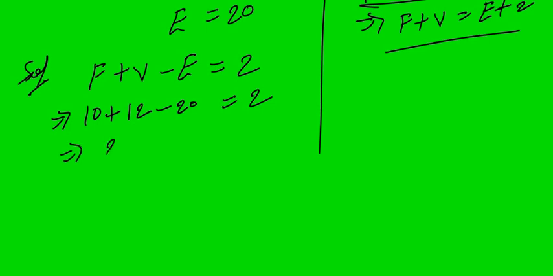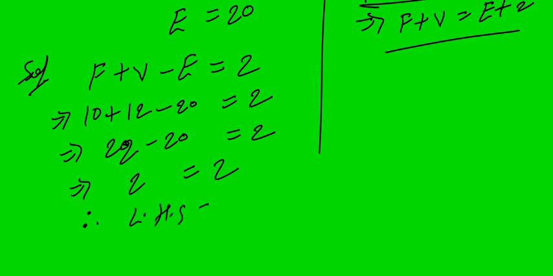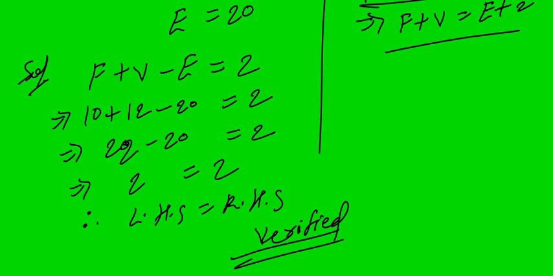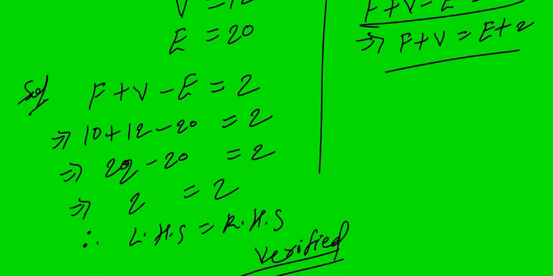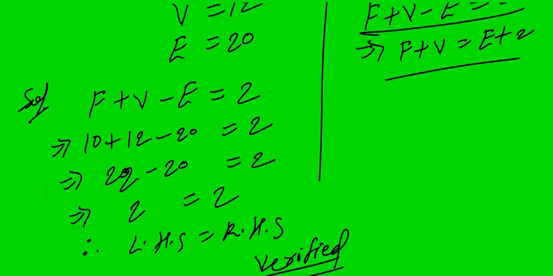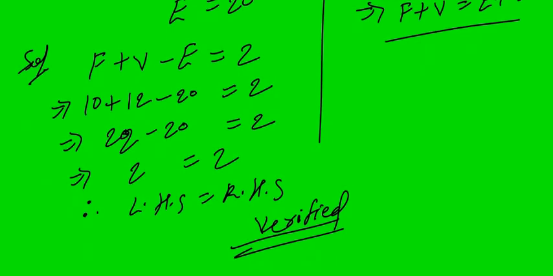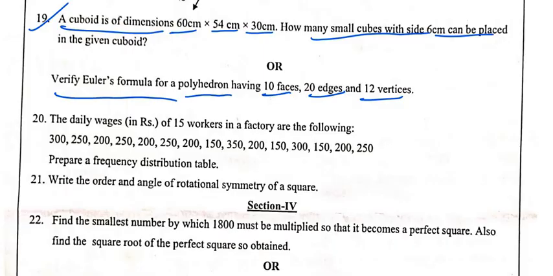So it will come 22 minus 20 is equal to 2. So that is 2 is equal to 2. That means LHS is equal to RHS. That is verified. So this is very simple. You have to put the values of faces, vertices and edges, and if the answer comes LHS is equal to RHS, then it will be verified or justified.